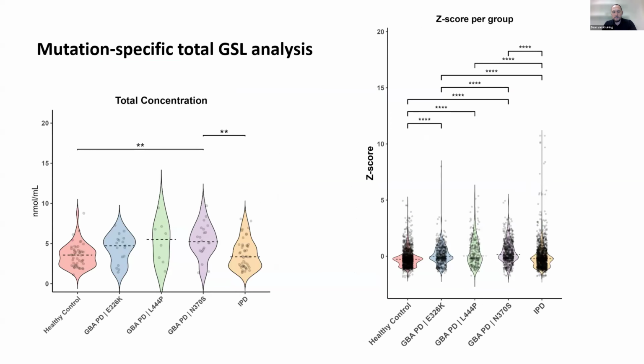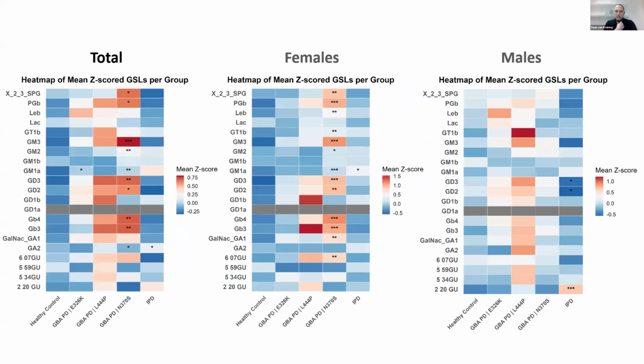Now, because we had the chance to look at the individual mutations as well, we saw that this might be most strongly upregulated by specifically N370S. Now we see that everything goes up a bit, but that the milder mutations might also cause milder upregulation in glycosphingolipids.